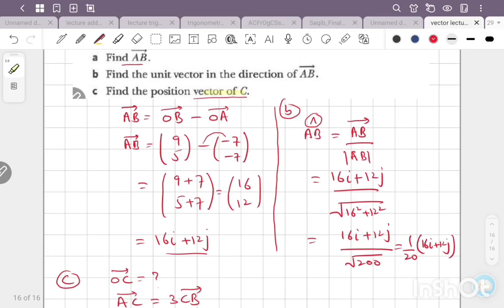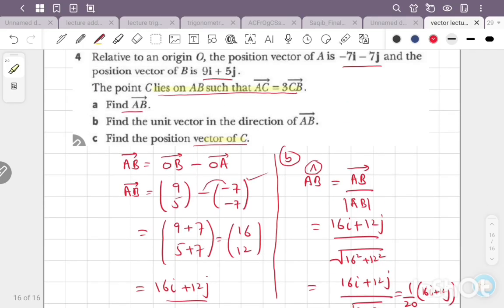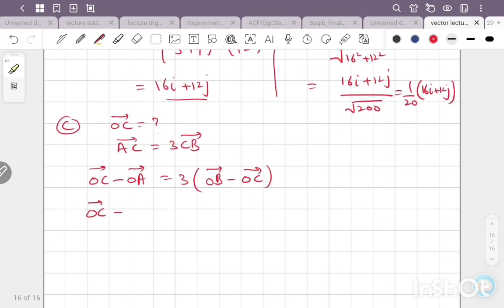OA we have here minus 7 in the above statement. So minus 7 equal to 3. And what is the OB? OB has 9 and 5, minus OC. We have to find the OC. I have to use the bracket. These brackets are multiplied by the 3.